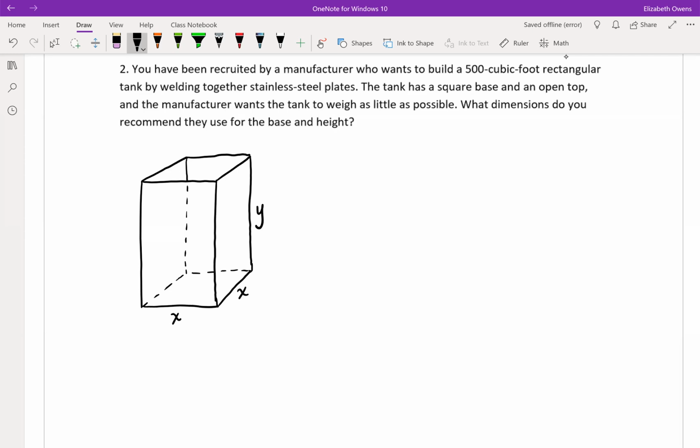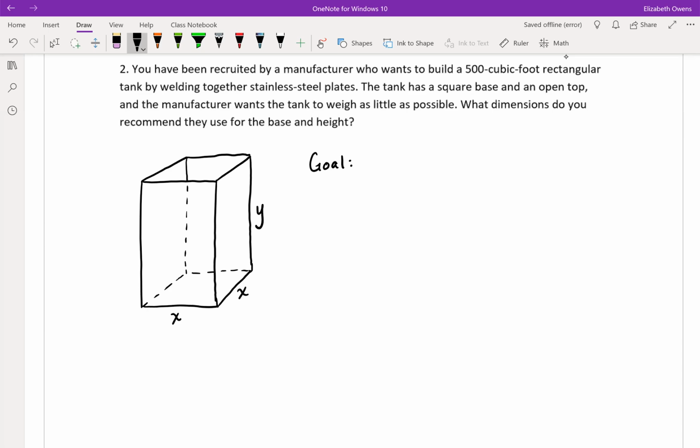Okay, so we've drawn our sketch, we've labeled it, we've introduced our variables. Now let's identify what our goal is in this problem. When you're doing this goal step, remember you are thinking about whether you want to maximize or minimize something, and what that something is.